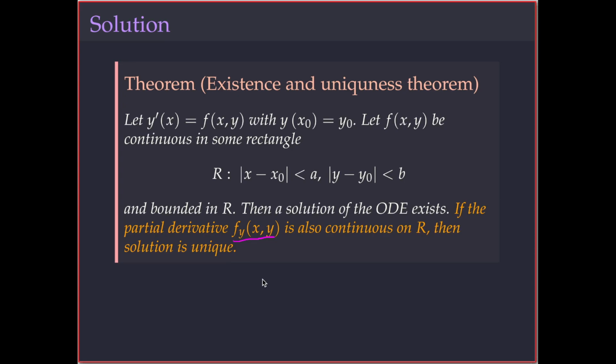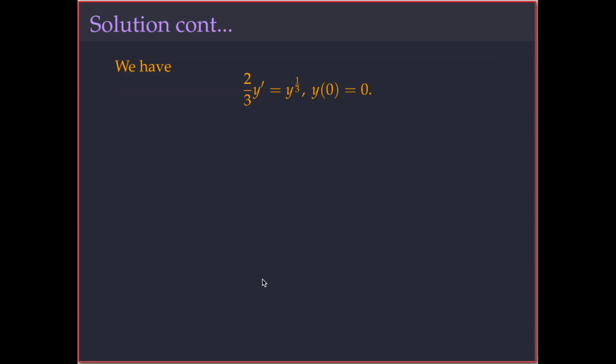So let's see for this function. We have this differential equation 2/3 y' = y^(1/3), so this is my f, and x0 is 0 and y0 is 0. This function is clearly continuous everywhere, so in particular, it is continuous in this rectangle.